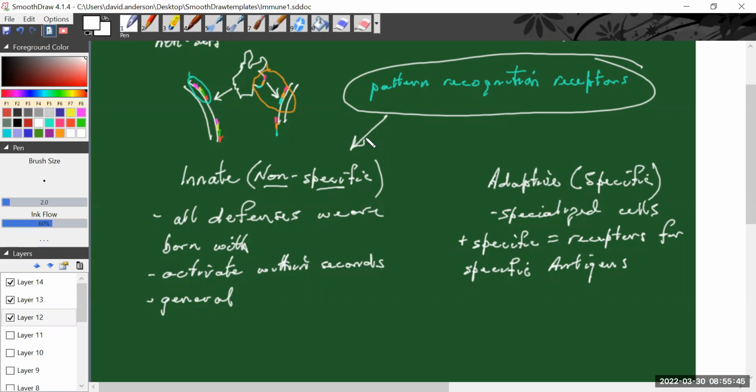So if you think about flu virus, some of you may be aware that flu viruses have subcategories. We sometimes categorize them with numbers and letters, H1N1, H2N5. So the idea is we've got a cell that will recognize H1N1, and we've got a different group of cells that are designed to recognize H2N5.